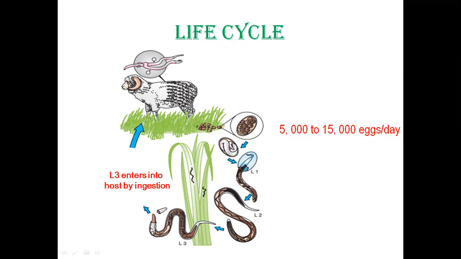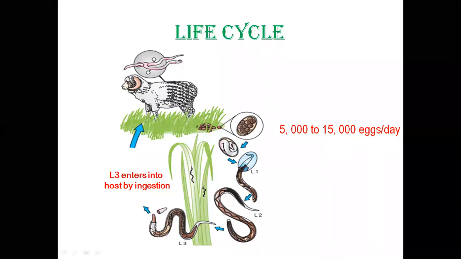Subsequently, this L3 will climb up the grass blade in the presence of moisture during the morning hour and evening hour. The bionomics of L3 is that it is negatively geotropic, meaning it migrates away from the earth surface, or the ground, and it is also positively phototropic.